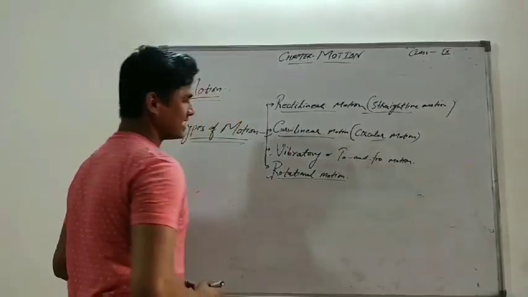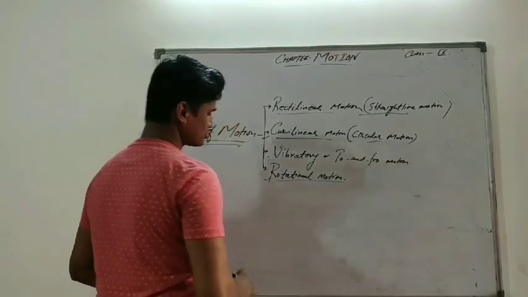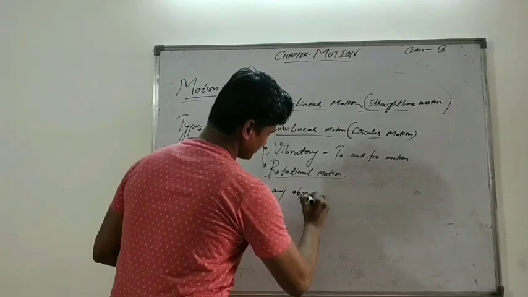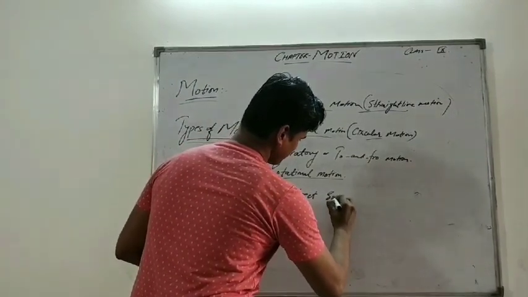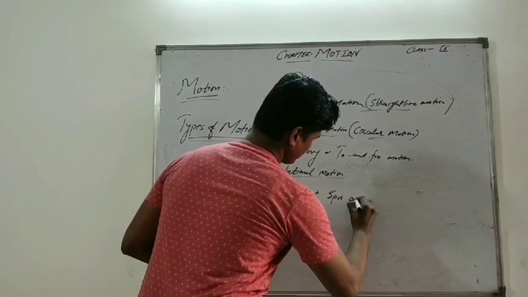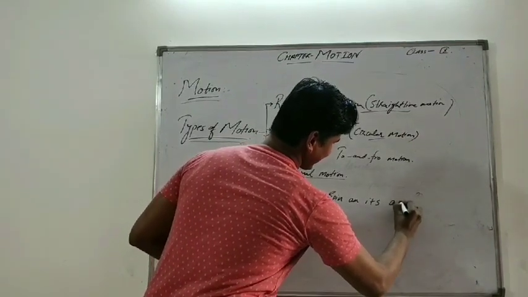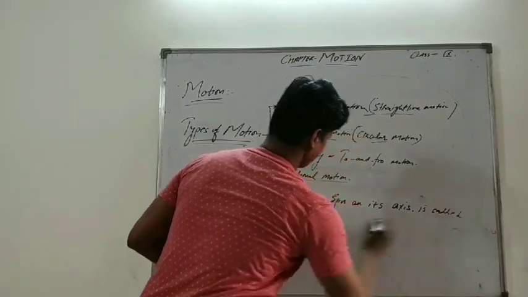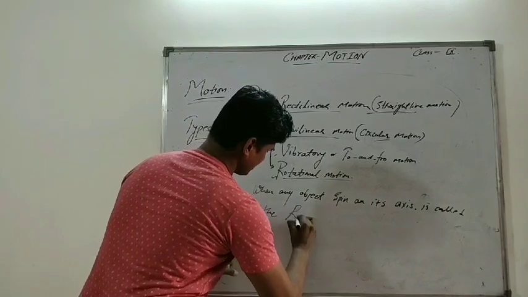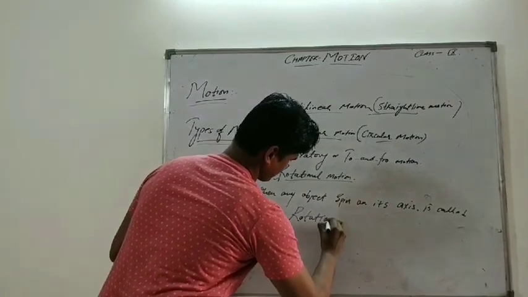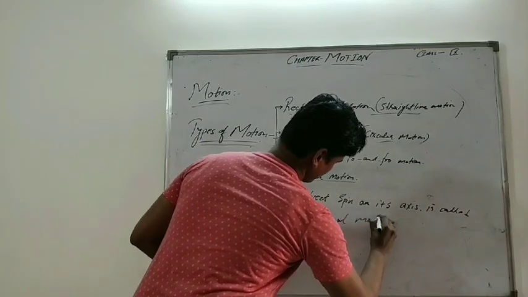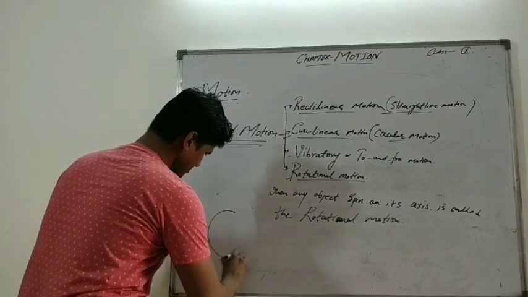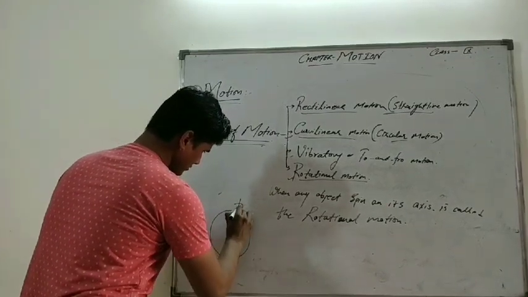Now the fourth and the last type of motion is rotational motion. Students, when any object spins on its axis, it is called rotational motion. For example, the earth spins on its axis.